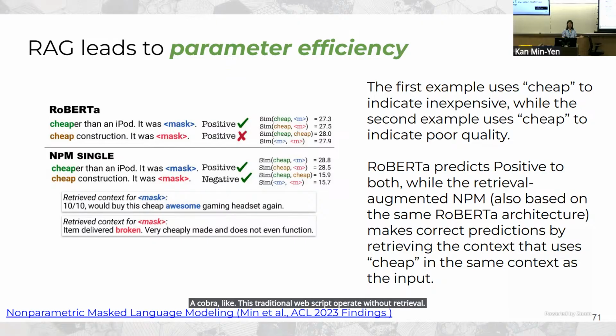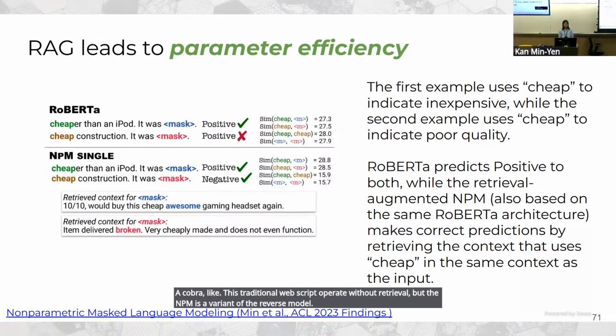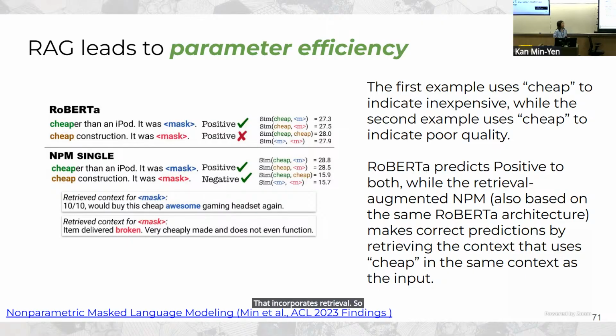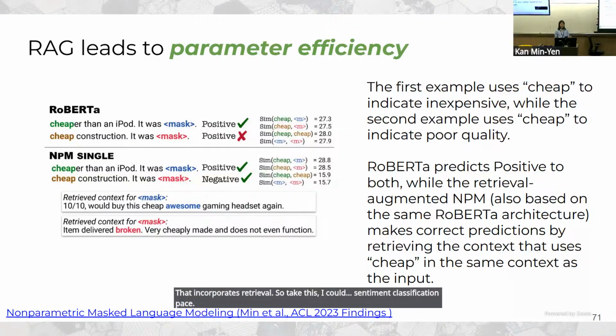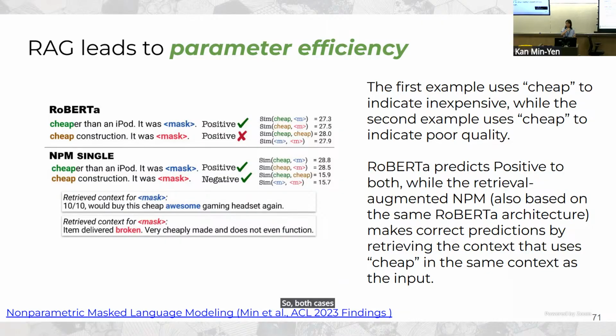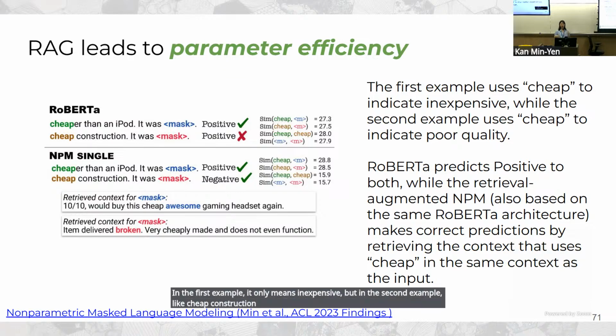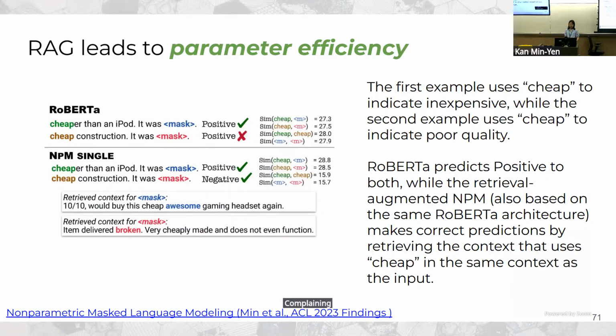But the NPM is a variant of the RoBERTa model that incorporates retrieval. Take this sentiment classification case. Both cases contain cheap, but the implication of cheap is different. In the first example, it only means inexpensive, but in the second example, like cheap construction, it is more complaining about the poor quality.